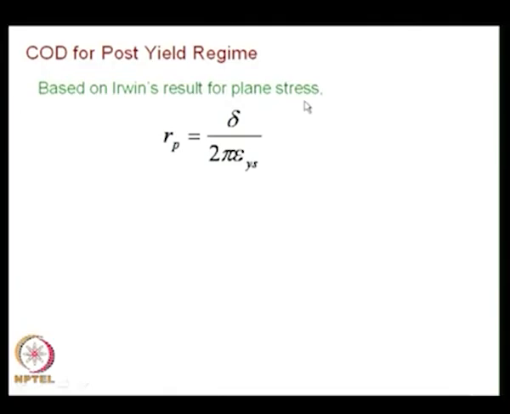For plane stress, you could get Rp equal to delta by 2 pi epsilon ys, where epsilon ys is the strain at yield point. We have already seen an expression for Rp, we have also seen an expression for delta. So, if you combine these two, you could find Rp equal to delta by 2 pi epsilon ys. All these expressions you have in your notes.